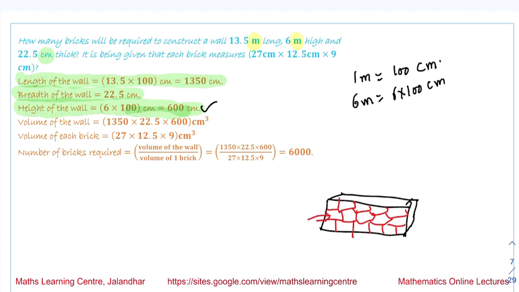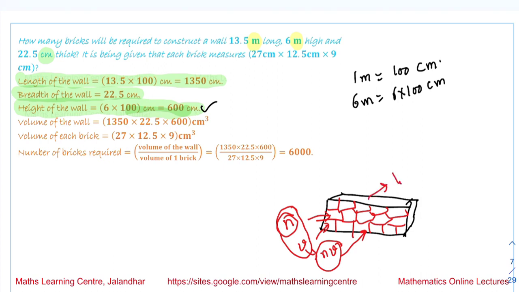So basically what we are saying is that this wall is made up of bricks, means if suppose there are n number of bricks, volume of one brick is v, small v, then the total volume of this wall will become n into v, and that will be the total volume of this wall.